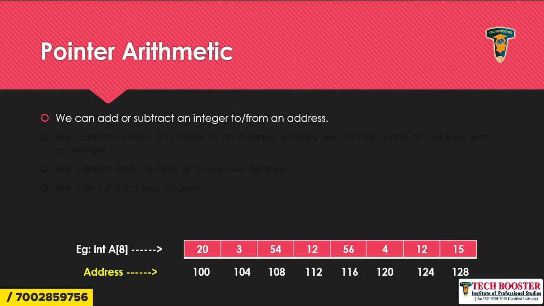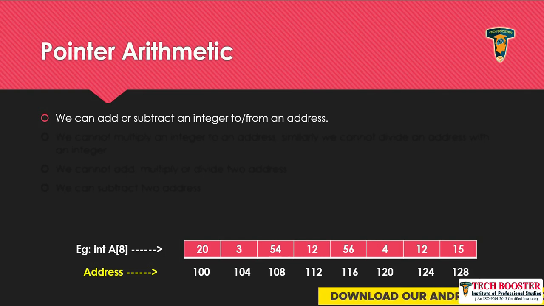Depending on the compiler, the size of the int data type is either 2 or 4, and as I'm using a 32-bit compiler, my size of integer is 4 bytes. That's the reason the difference between my addresses is 4. My first address is 100, then 104, 108, and so on till 128.